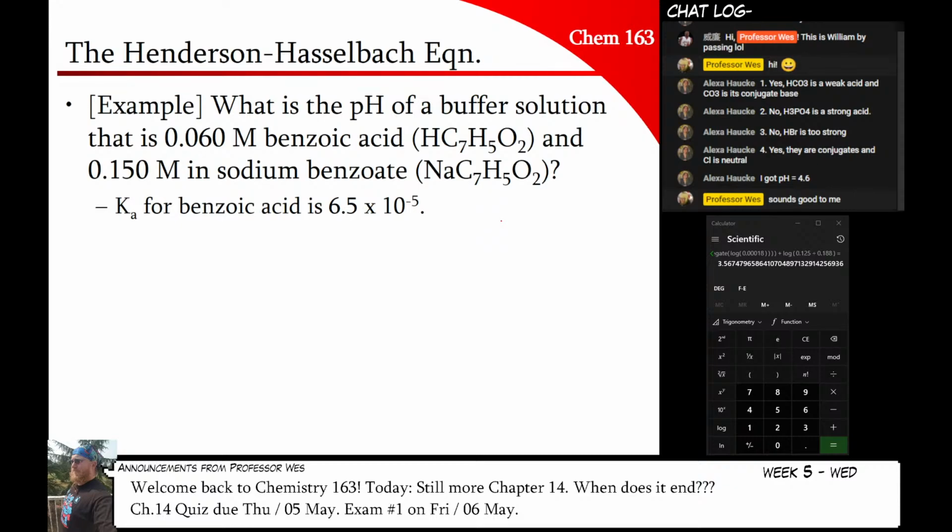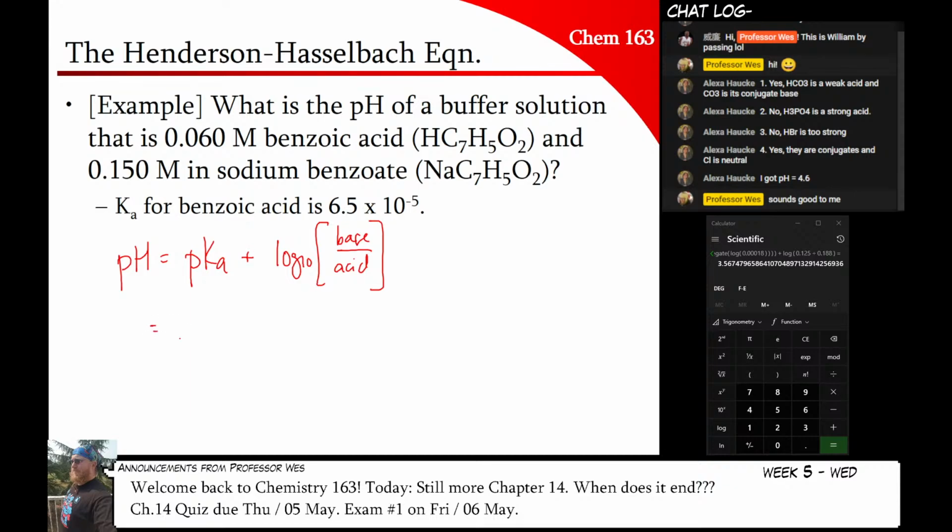So let's find the pH of a buffer solution that is 0.060 molar benzoic acid and 0.150 molar sodium benzoate. And then here's Ka. So let's write down the HH equation. pH equals pKa plus log of base over acid. And so now we'll just plug in all the numbers.